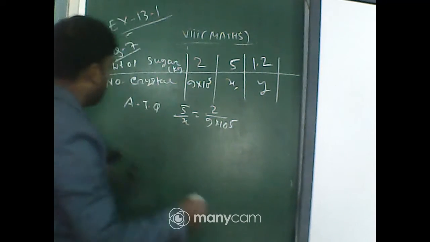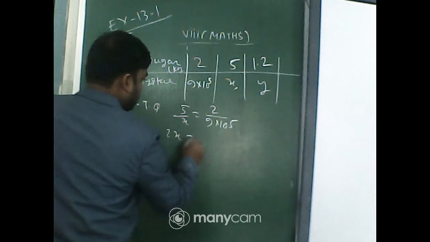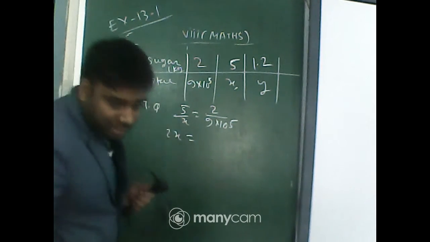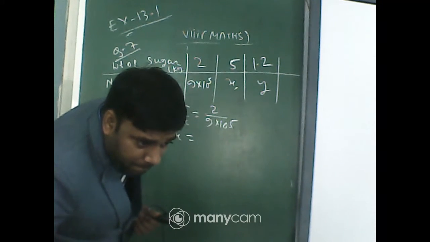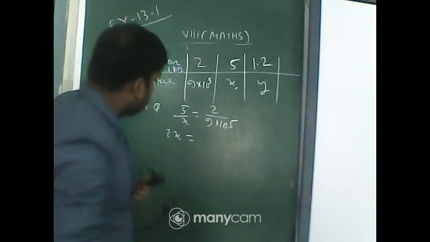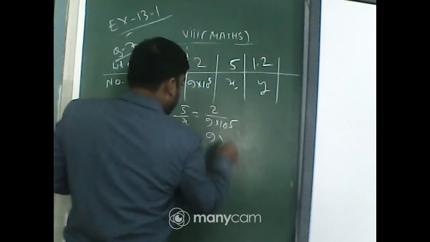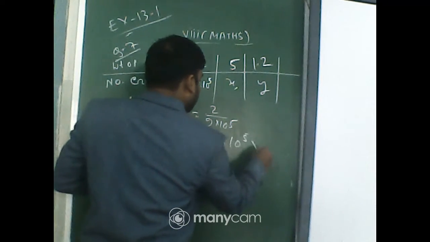So 2 into x equals 9 into 10 to the power 5 into 5.